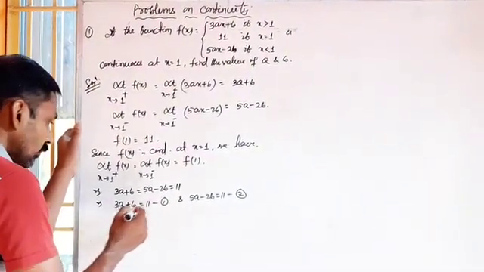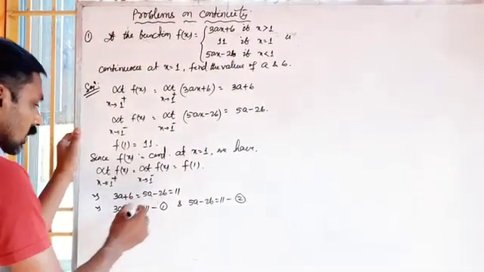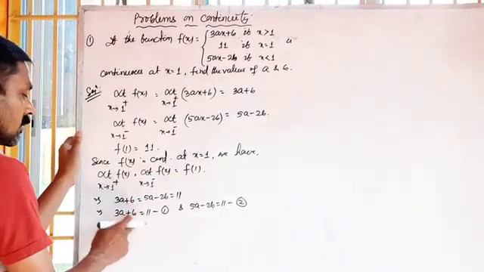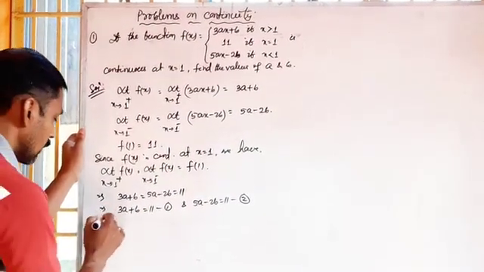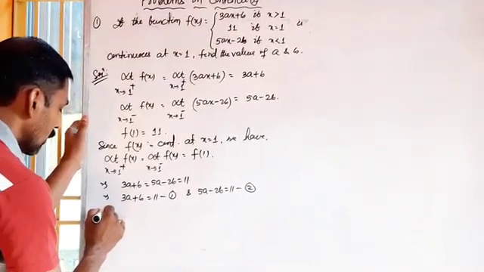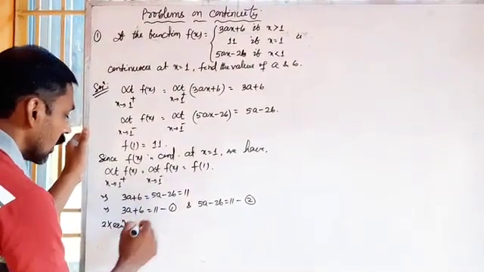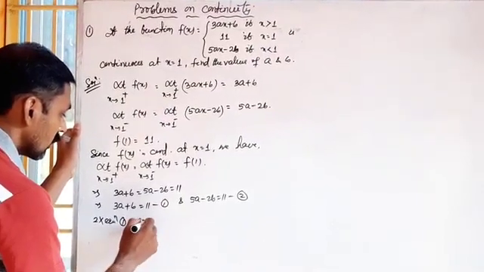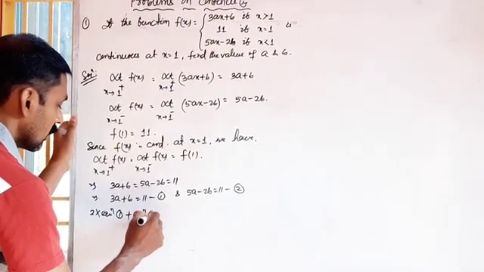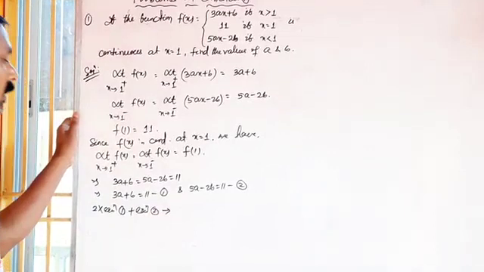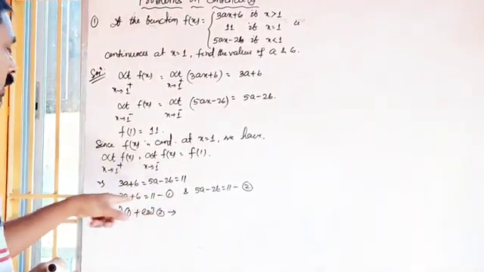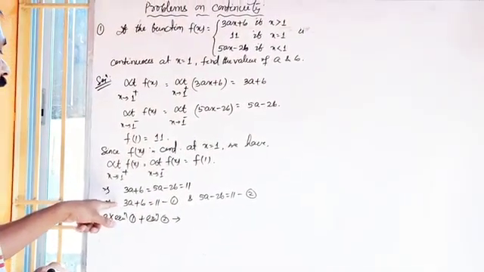Here minus 2b, here b, so if we multiply it by 2, now 2 into equation 1 plus equation 2. So 2 into equation 1 is 6a plus 2b.